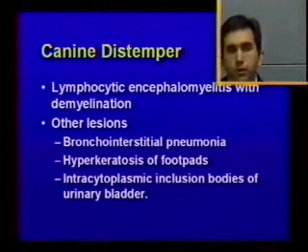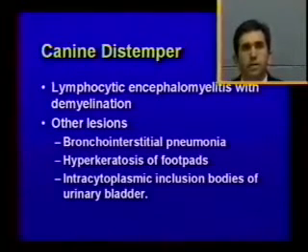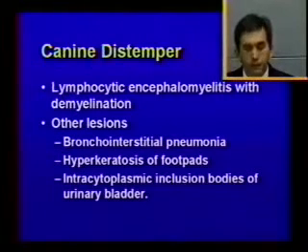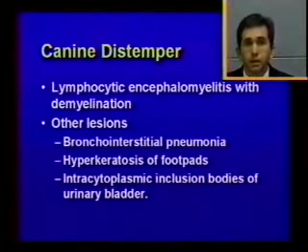We mentioned canine distemper as causing a pneumonia. It's also important to recognize that canine distemper can also cause encephalomyelitis. And this is usually a lymphocytic pattern of inflammation, and it can be present in young dogs, but it can also be seen in older dogs in a condition known as old dog encephalitis.